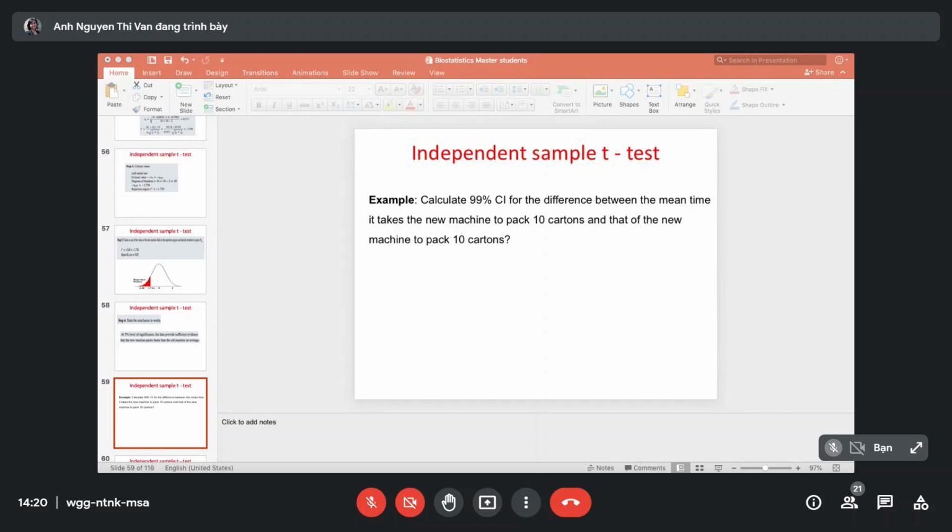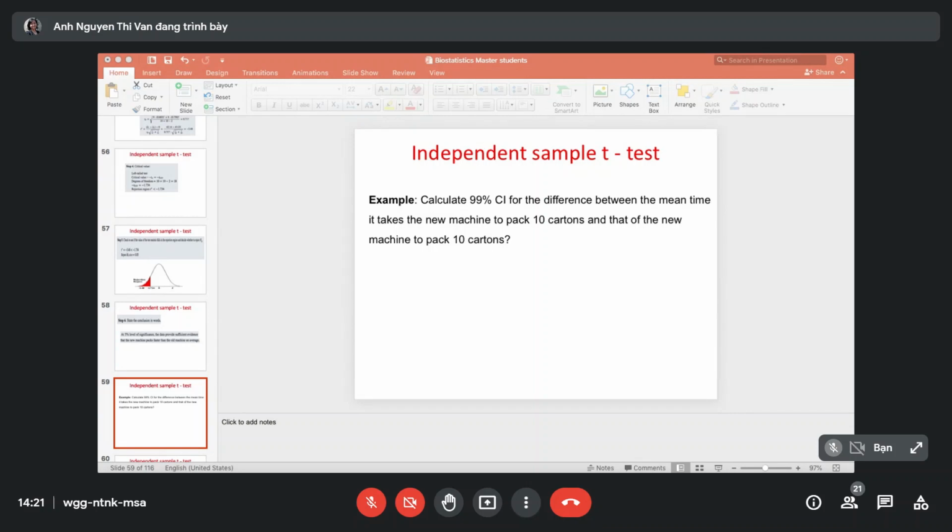What is the value of t alpha over 2? The t alpha over 2 is 2.8784. How did you get it?